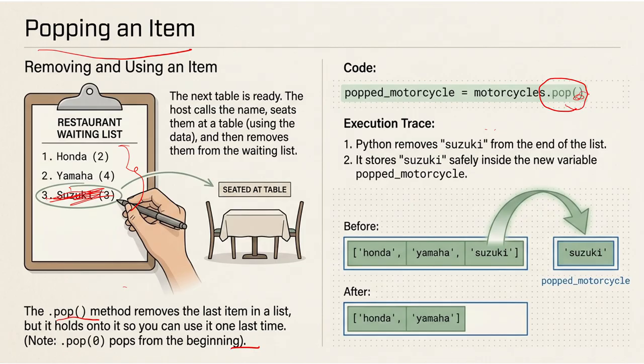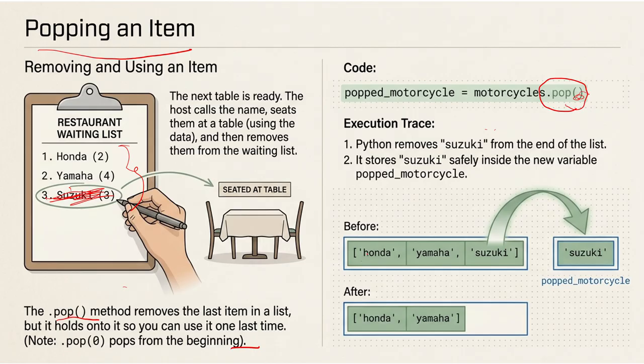The answer is that del deletes it and does not store any value, whereas pop removes the last item, or the specific item which the user has mentioned, from the list and stores it in a variable.